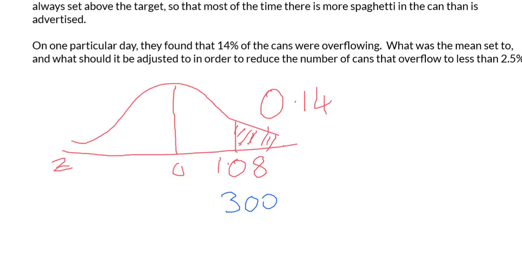So that means that I'm going to go 300 minus 11 times 1.08. I can just use the answer button in my calculator to get it to a couple more digits. And I find that my X, rather, the mean has to be 288.1.